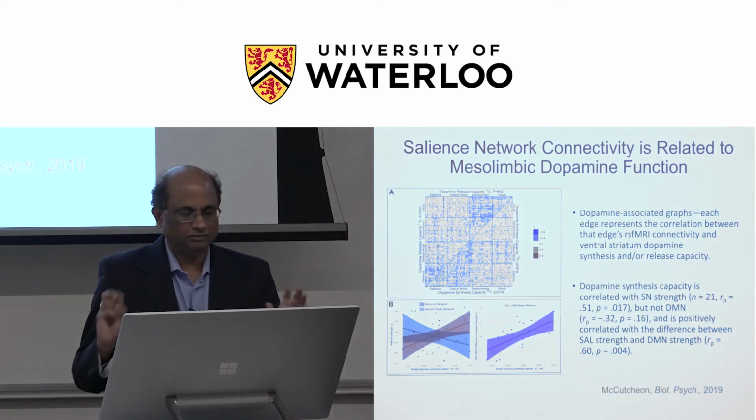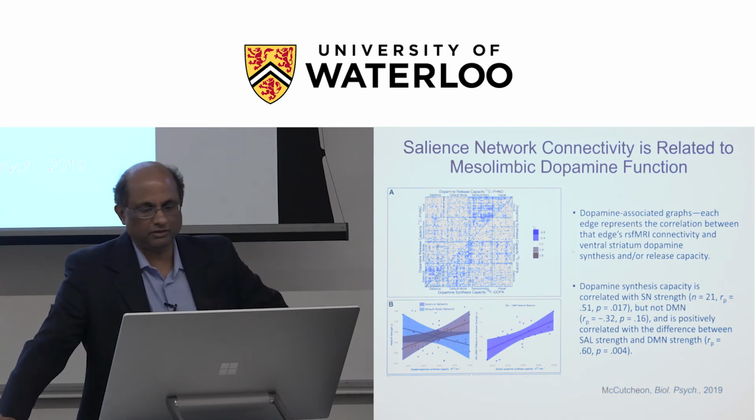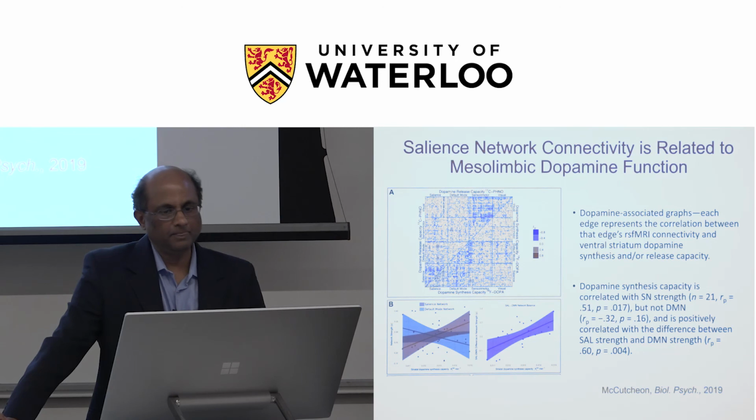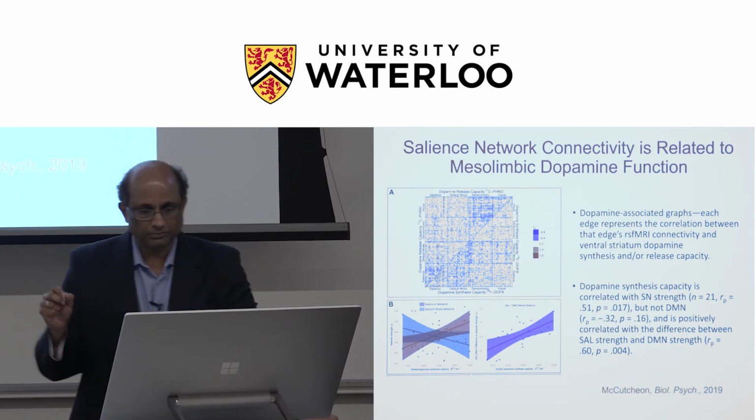And this final piece, which I found really very interesting, was a combined PET fMRI study where they showed, and I'm just going to go through this quickly, that the salience network connectivity is related to mesolimbic dopamine function, which they index through raclopride.